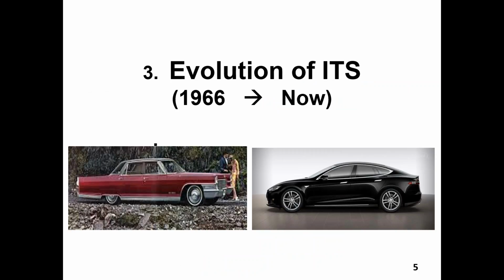A very brief history of ITS now. I've taken a 50-year retrospective, and I think it's typified by the two cars. These are 50 years ago and now. The shape and size of the cars didn't change when you look at them, but what changed is the technology: 50 years ago it was a tiny amount of the automobile.